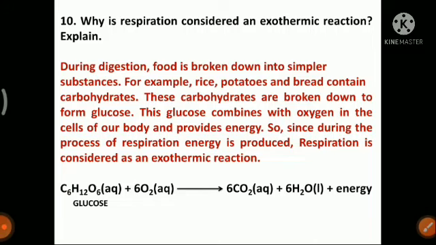So respiration is the process by which energy is produced from glucose and oxygen. Since in this reaction energy is produced, we can say that respiration is an exothermic reaction. I have written down the answer here along with the chemical equation. You can just have a look.